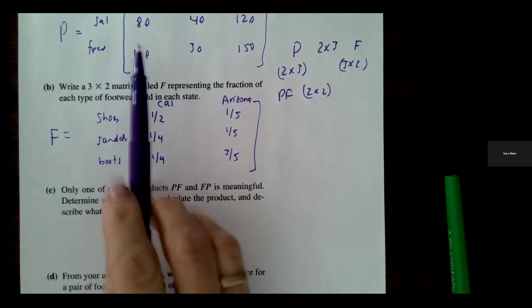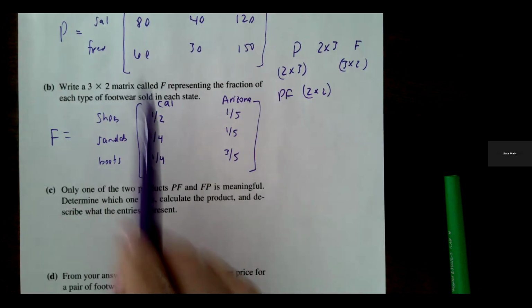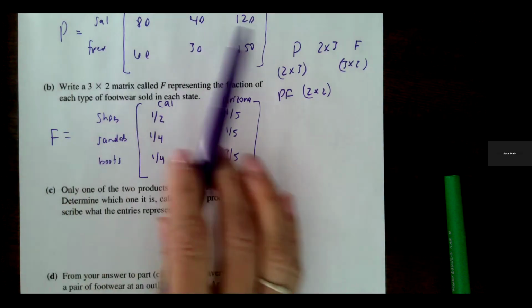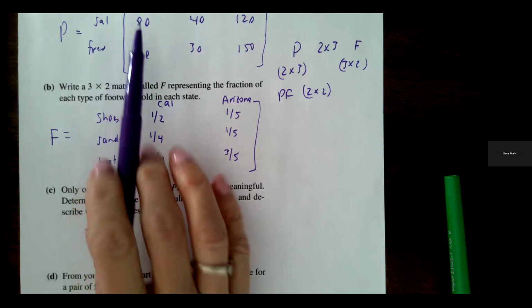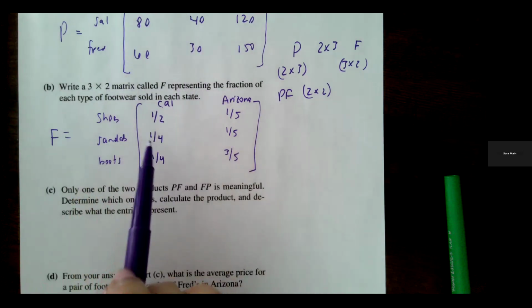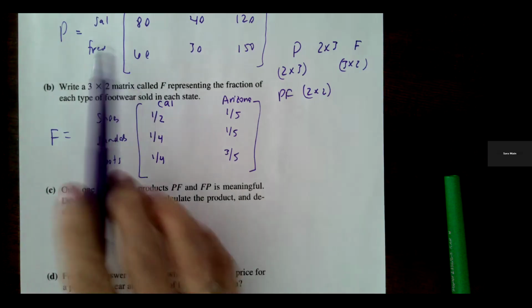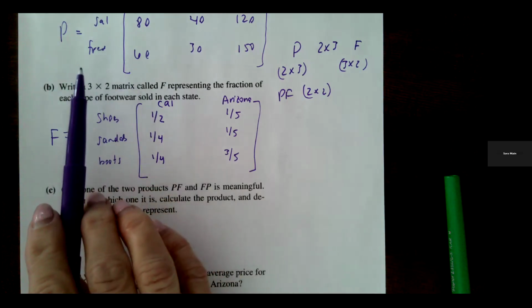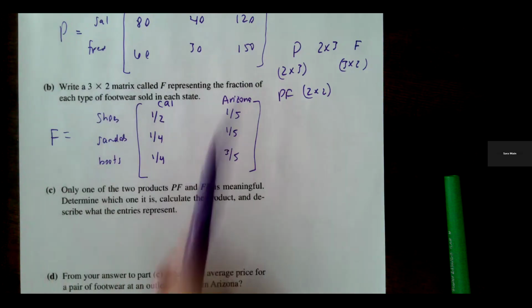So that would be Sal's shoes multiplied by all of the prices for Sal's shoes in California, and then all of Fred's shoes in California.